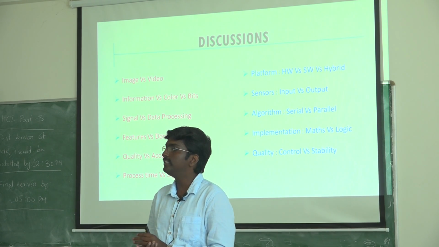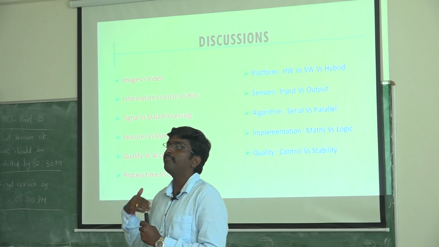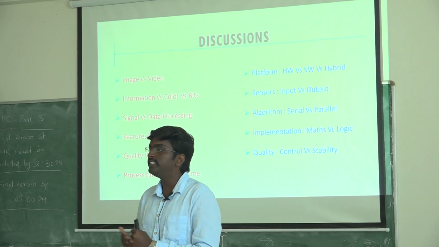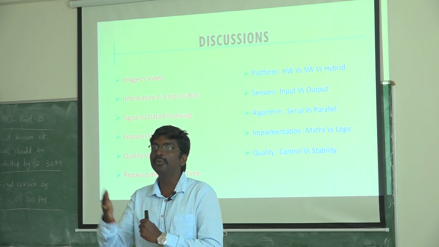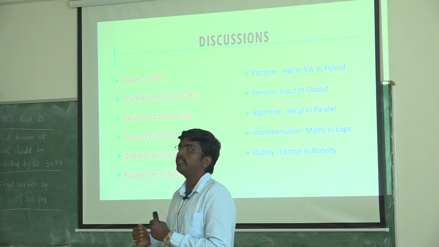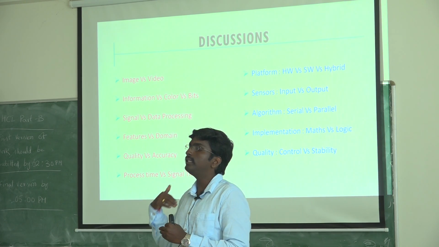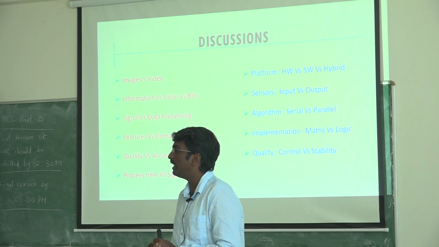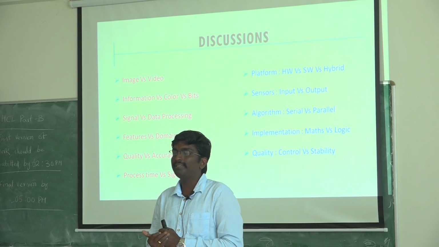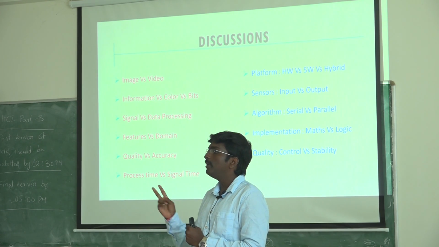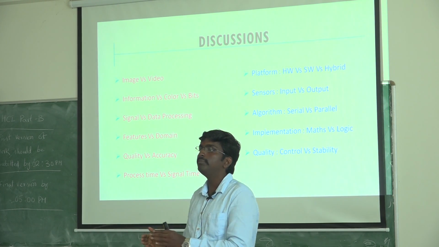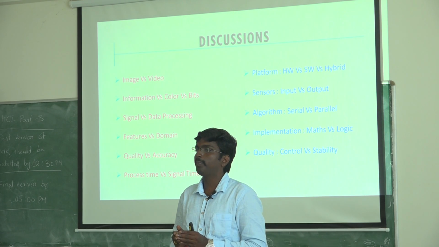If it is logical, sometimes I will not know what mathematical functionality it has, but I know if-else statements or for loops: if this condition is there, you do this; if that condition is there, you do that; or until this condition, you do this. For these statements, I don't know the exact mathematical functionalities. In that case, you can go for logical. But for better system design, it will be a combination of both, because sometimes the logical approach is better and sometimes the mathematical one is better.